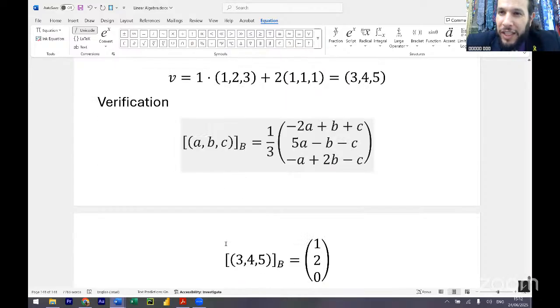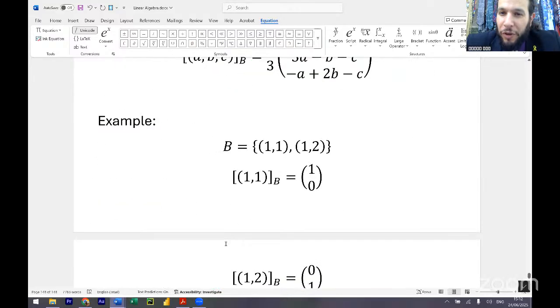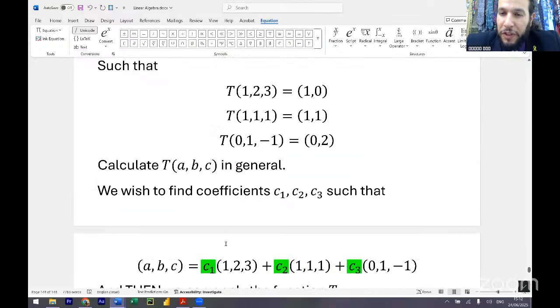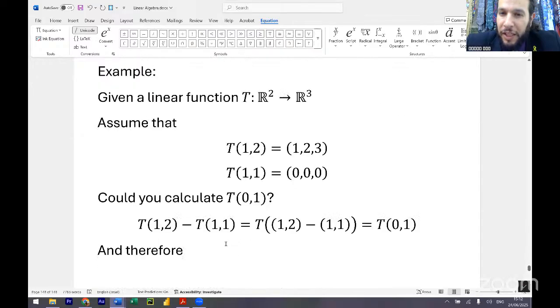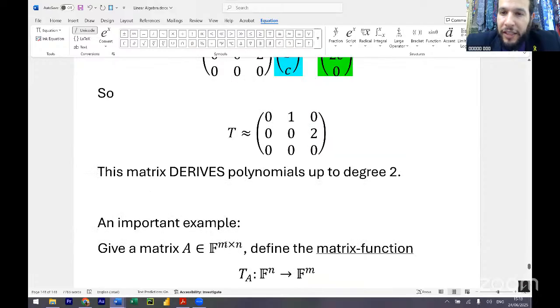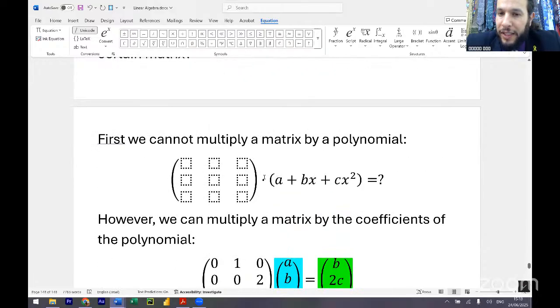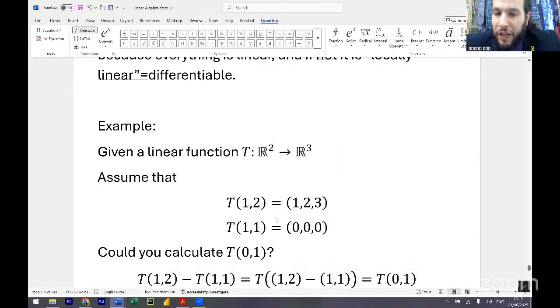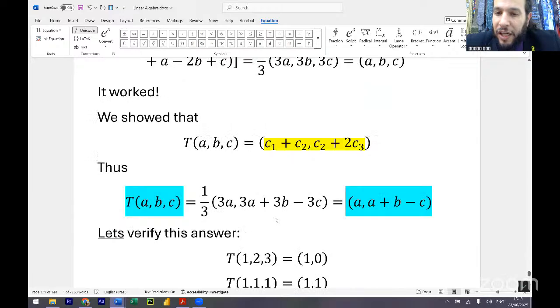That's like we did with the polynomials here. When we wanted to find a matrix which derives the polynomials, we said we cannot multiply a matrix by a polynomial, but we are able to multiply a matrix by a column, right? So that's what we want.